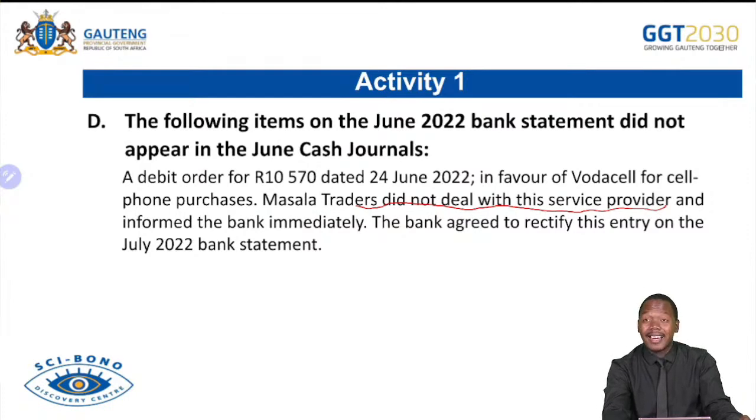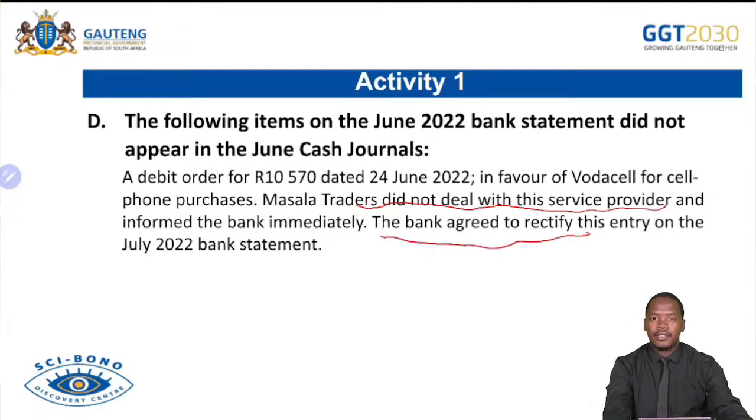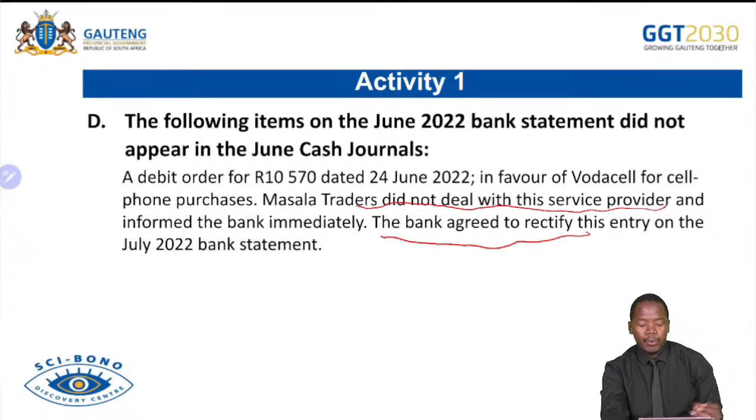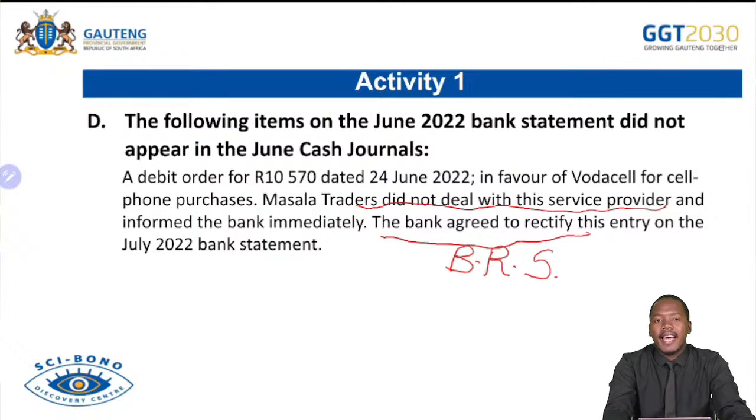The bank agreed to rectify, to correct. So if the bank agrees to correct, it is now the problem of the bank. Once the bank agrees to rectify, I think of the bank reconciliation statement. I think of the bank correction statement.